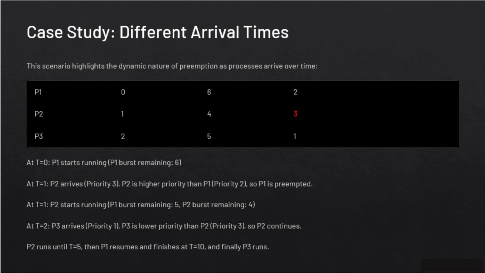So it waits. The CPU always responds to new arrivals dynamically, switching only if the newcomer has higher priority. This dynamic switching makes preemptive scheduling flexible and responsive, but also adds complexity. Frequent context switching can also occur.